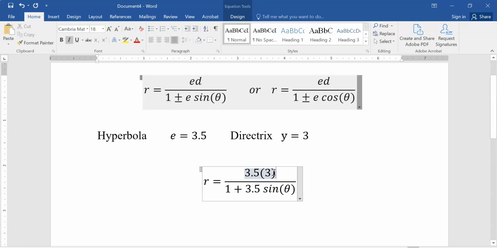By the way, when you multiply 3.5 times 3, you get 10.5. We usually always simplify the numerators. So 10.5 over 1 plus 3.5 times sine theta is the answer there.